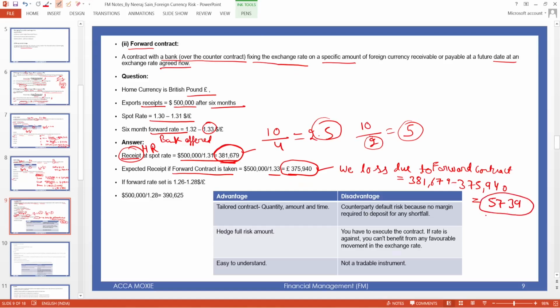So what? Because hedging is a mechanism in which we never lose or never gain, right? It's a way of hedging the risk.